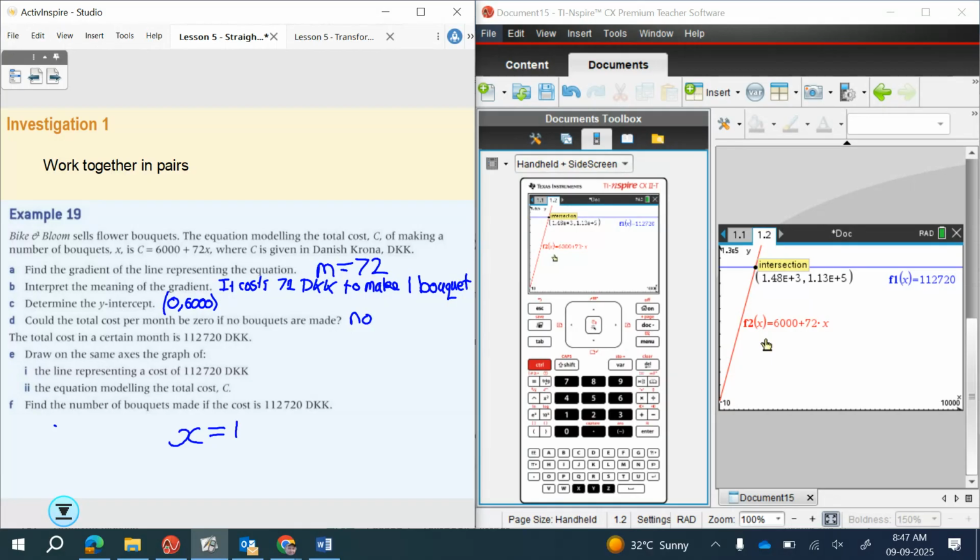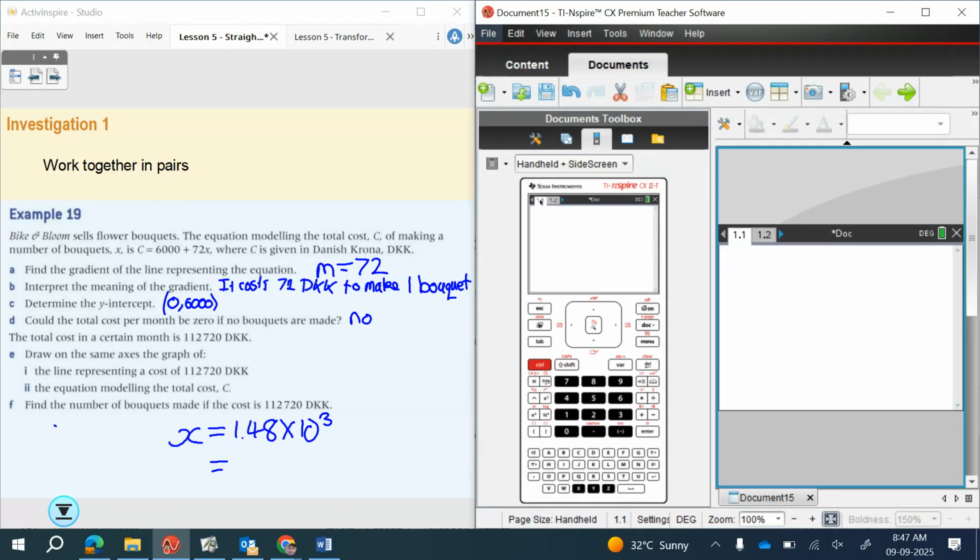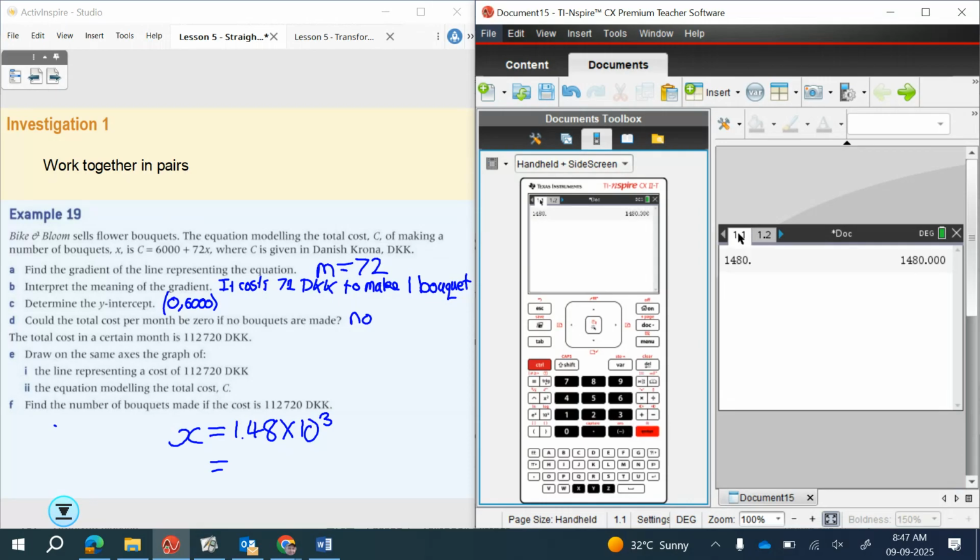It's going to be 1.48 times 10 to the 3. If we want to write that as a number, it's 1.48 E3, which is 1,480.